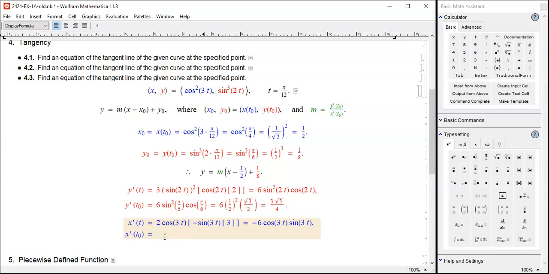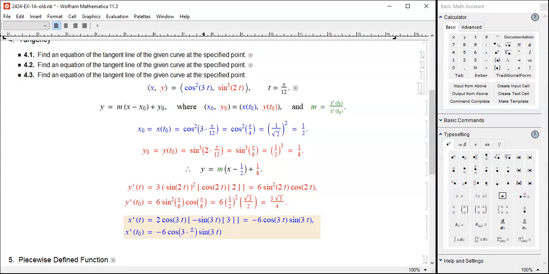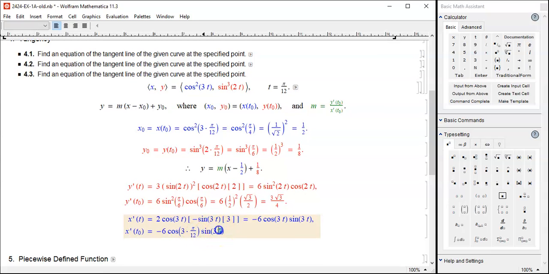Okay, alright. Let's see, let's plug in pi over 12 here. So let's see, what do you get? So this is pi over 12, and this is times pi over 12, but 3 pi over 12, what is it? Pi over 4. We have seen pi over 4 before, you see.